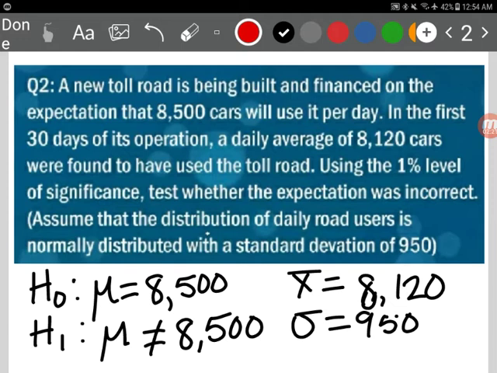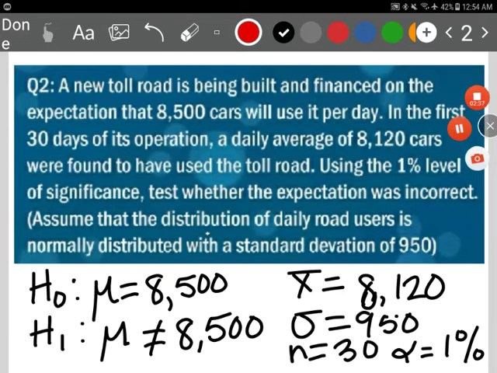We know that n equals 30. And our level of significance is 1% this time. So we have completed step 1. We have identified the null and alternate hypotheses, and we also identified our level of significance, which is 1%.